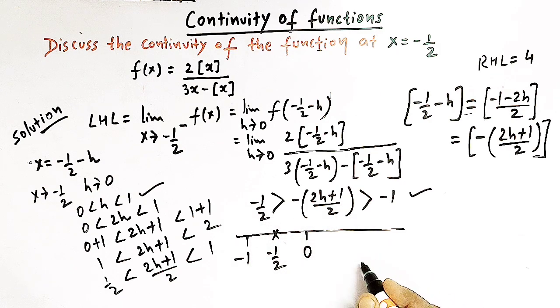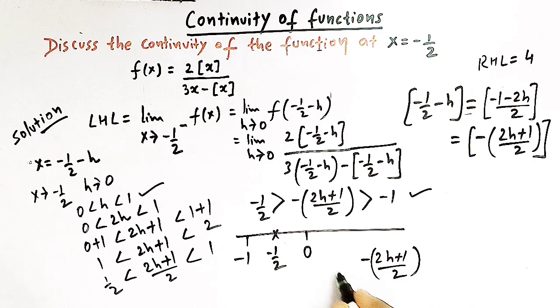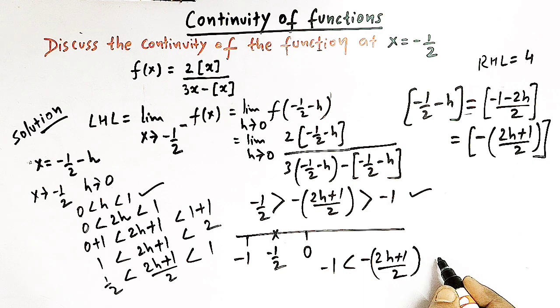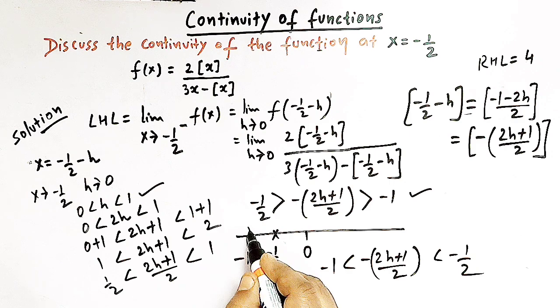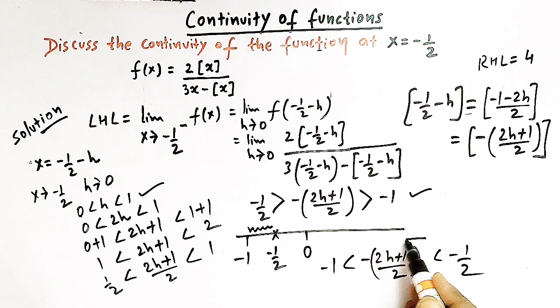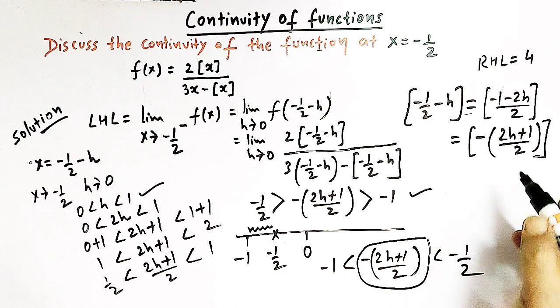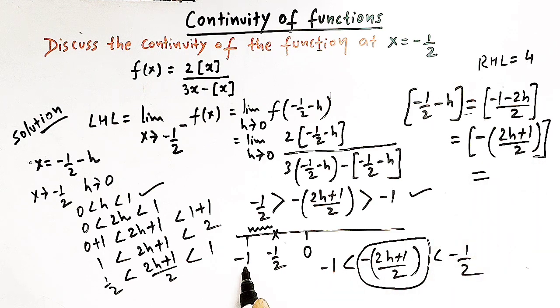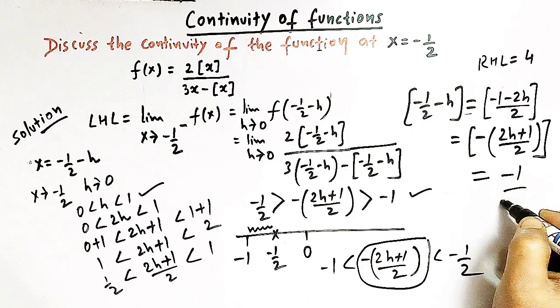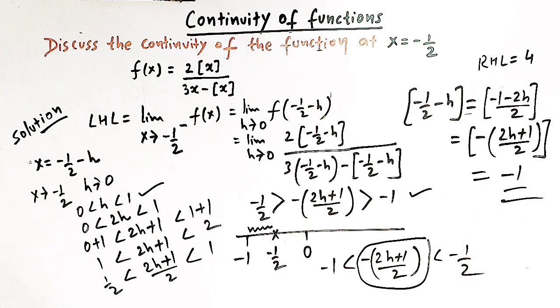So this value, that is minus 2h plus 1 over 2, is greater than minus 1 but less than minus half. It lies somewhere between minus 1 and minus half. So the greatest integer of this quantity should be equal to minus 1, right, from the definition of greatest integer function.